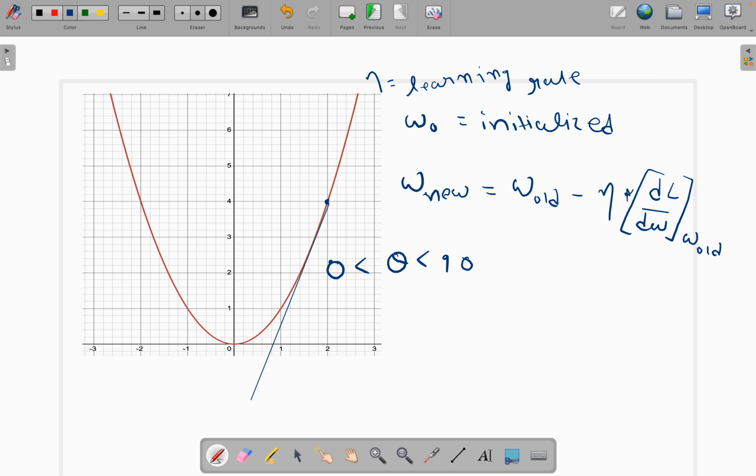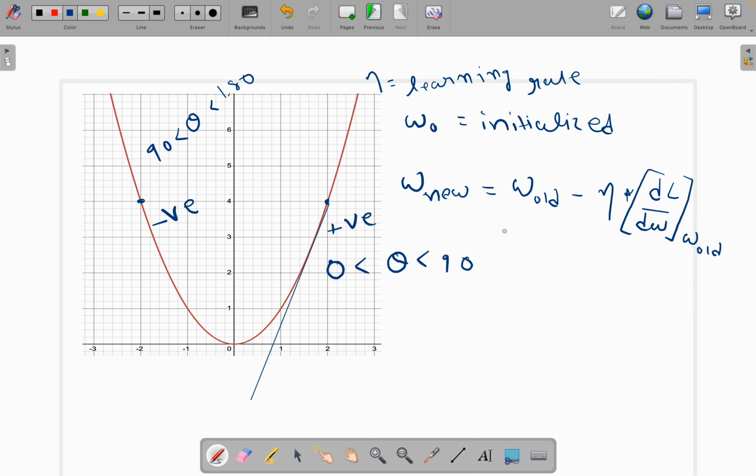If I take this point, my theta will be greater than 90 and less than 180. So here I will get a negative value, and here I will get a positive value.